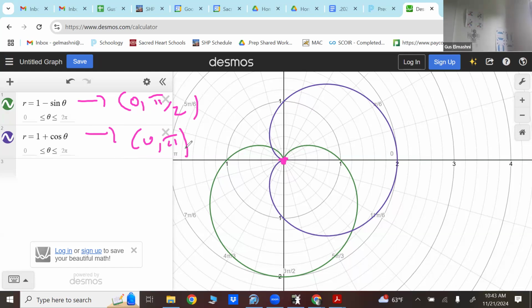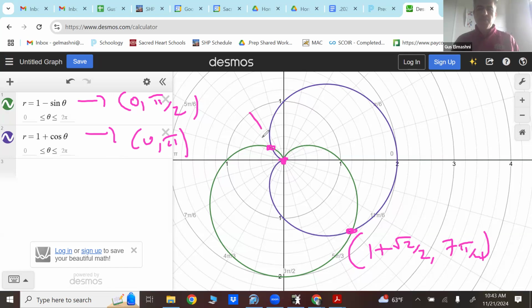So really, you only have two actual points of intersection, which are the ones we found analytically, right here. So this was 1 plus √2/2.